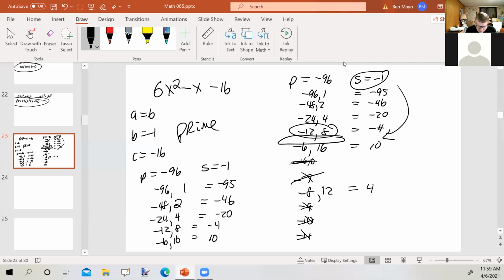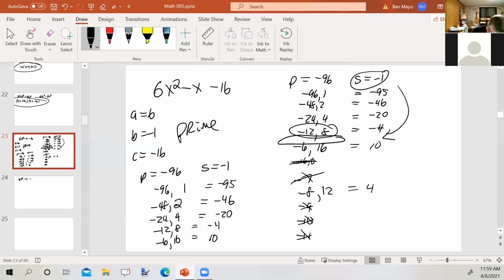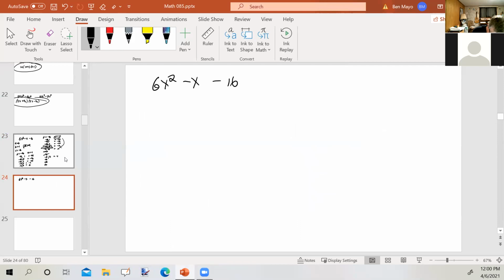Now, I'm going to go back and do it a little bit differently. So let's see here. I've got 6x squared minus x minus 16. We said A is 6, B is -1, C is -16.